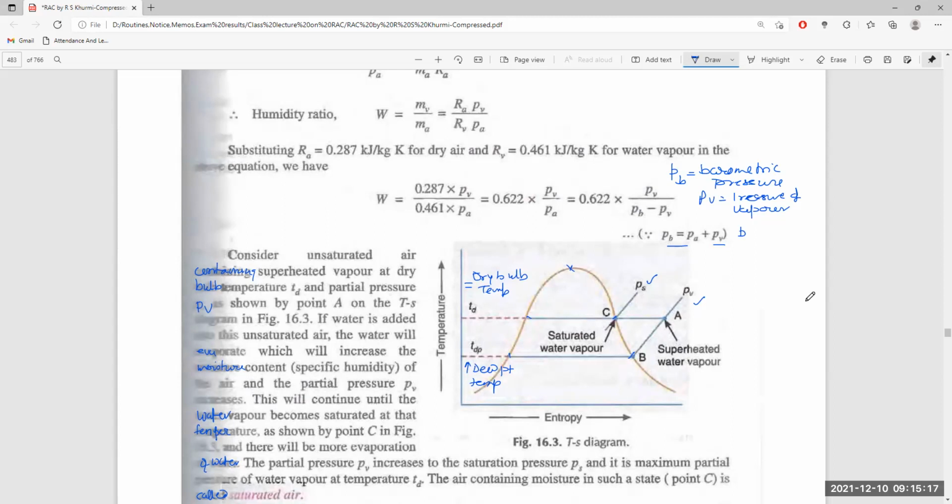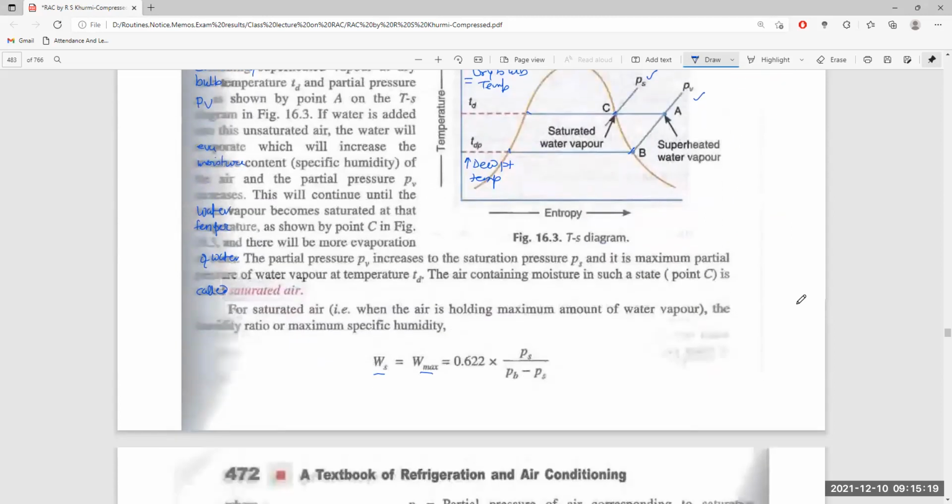Now we can use this equation, where the specific humidity of the saturated air is given as Ws, which is the maximum possible, equal to 0.622 times the pressure of saturated steam divided by the barometric pressure minus the saturated pressure.